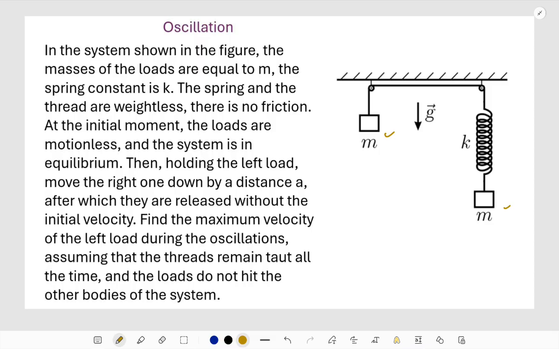You can think about the oscillations that occur after the loads are released. And I can see just one thing: the center of the spring remains motionless. Therefore, this problem is equivalent to the problem of finding the maximum speed of a load of mass m hanging on a spring with a spring constant of 2k.